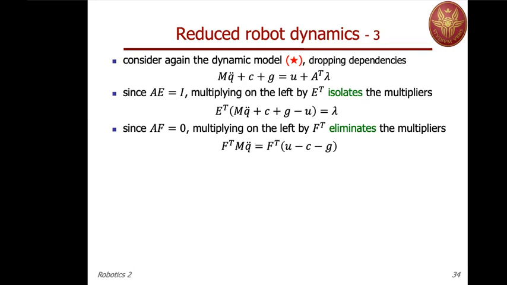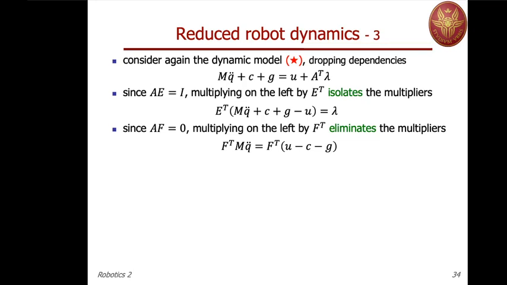So we have that F transpose M Q double dot equals F transpose times everything brought to the right hand side. U was already there, and minus C minus G, while the multipliers have vanished.